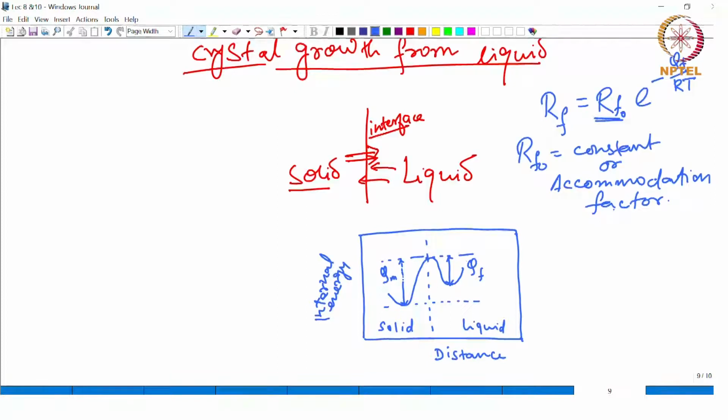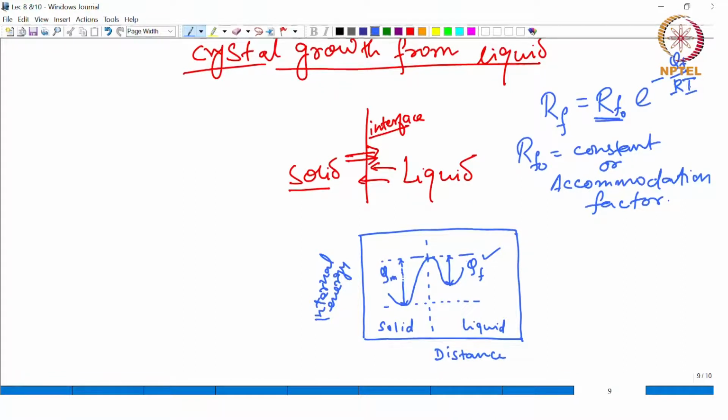And Qf is the activation energy, as I said, which we can see from here, and the other two terms have their usual meaning, that is R is the gas constant and T is the absolute temperature. And similarly, for the solid to get dissolved back into the liquid, there has to be detachment of atoms from the solid and going into the liquid, right.